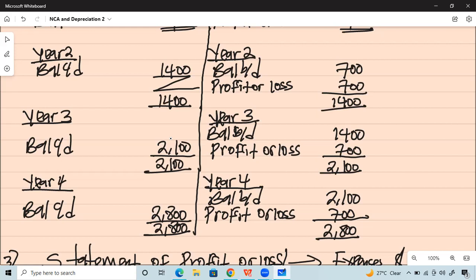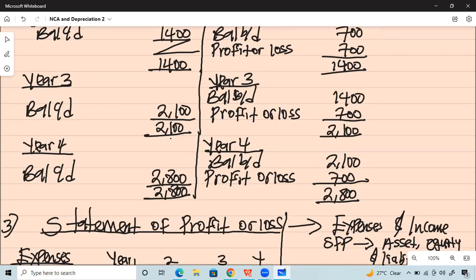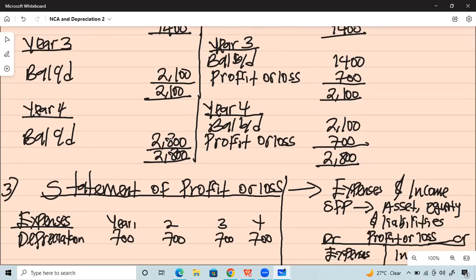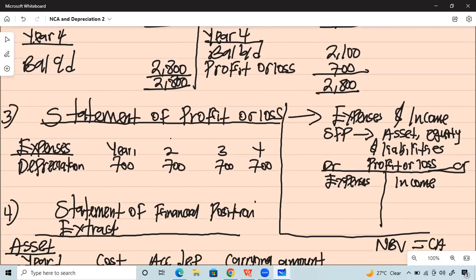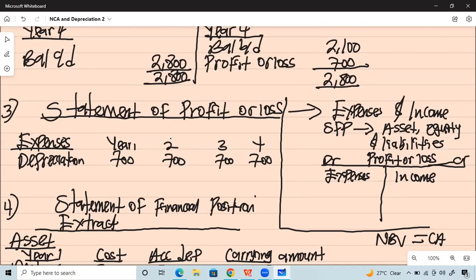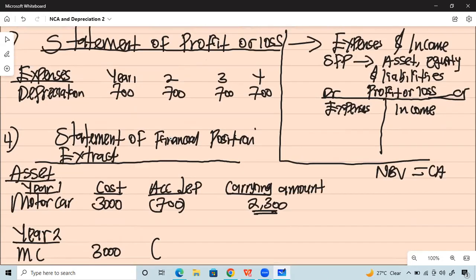The statement of financial position looks at the total depreciation to date. At the end of year two it is 1,400, at the end of year three it is 2,100, and at the end of year four it is 2,800. So it is this total depreciation that you are going to bring in.